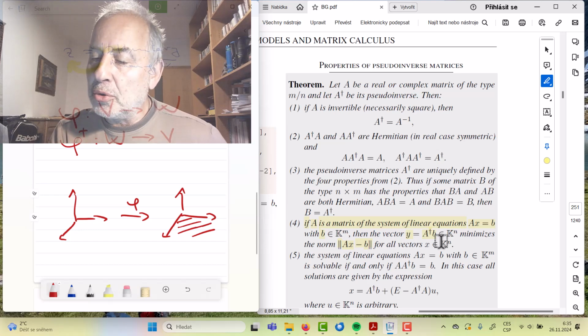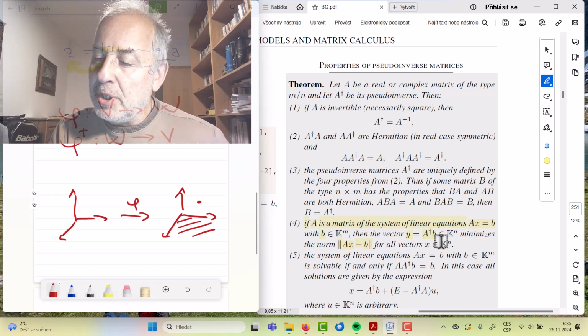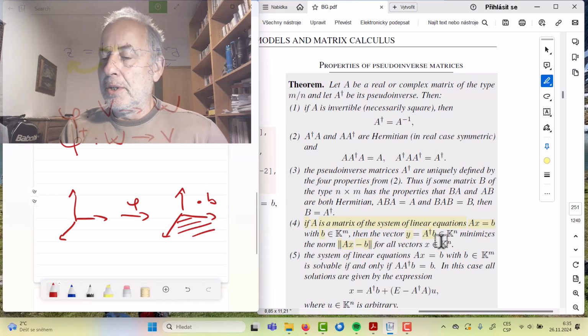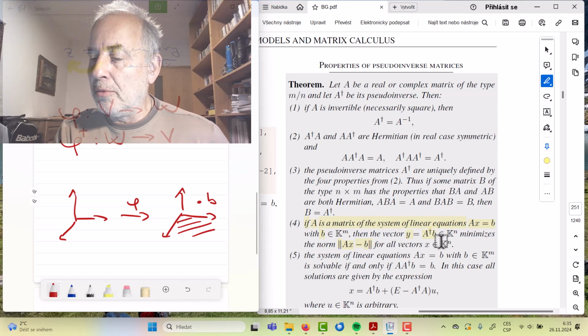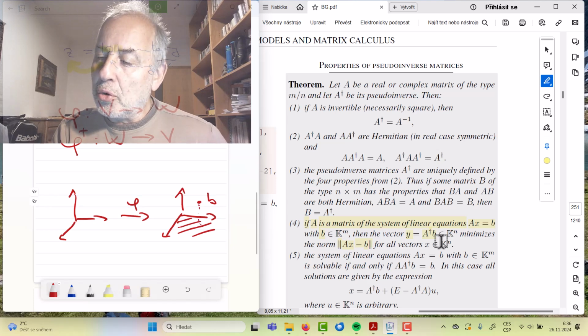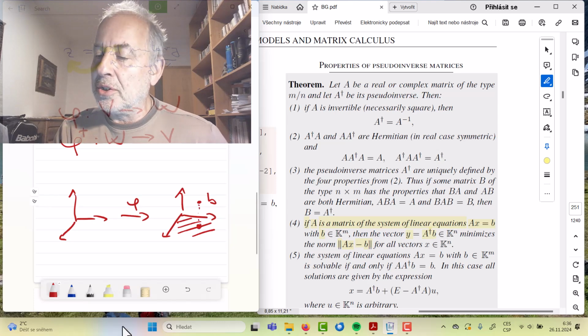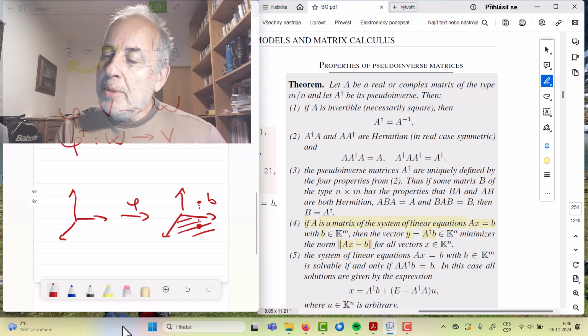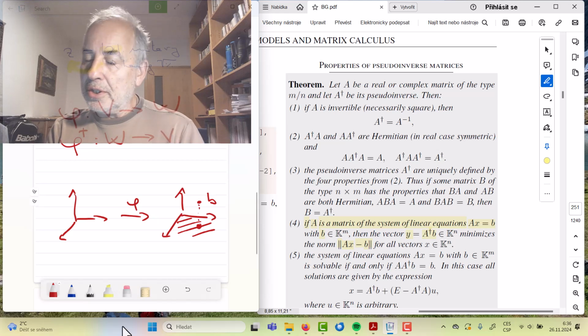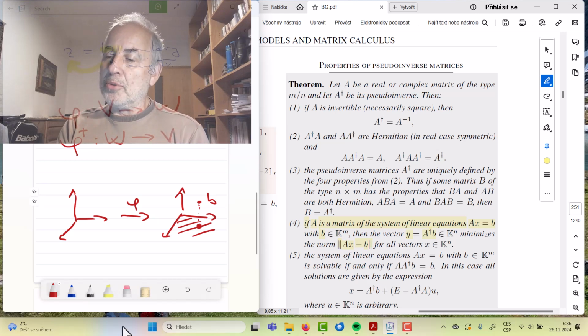And now I want to get some b here, and I know that the image is only what I get down here. So what I do is I take the orthogonal projection, and this is the image which is closest to my prescription, right?